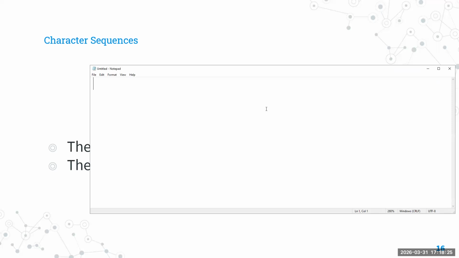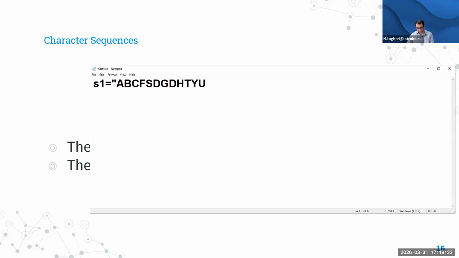So we have one string S1, and we say that it is A, B, C, D, E, or whatever the value is. Now, I'm not sure what the length of this string is, and you want to refer to the last character of that string. What do you do in that case?